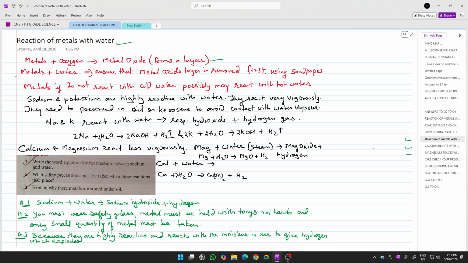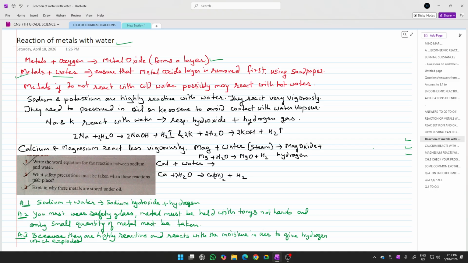Now, in the same way, when some metal is reacting with water, first of all, when you want to react any metal with water, you ensure that the metal oxide layer is removed. Suppose the metal is kept in the open and has reacted with oxygen, so a metal oxide layer will be formed over that metal. That metal oxide layer has to be removed. Somehow you have to remove that metal oxide layer, and then you have to think of reacting that metal with the water.